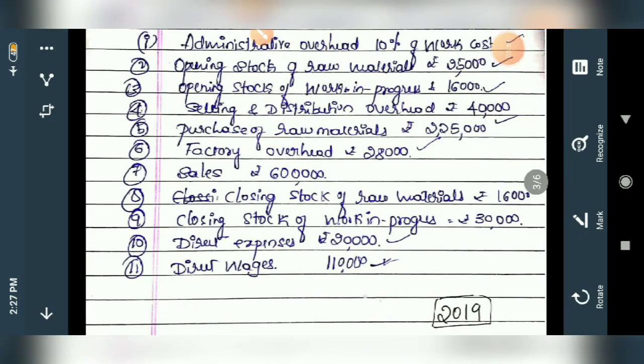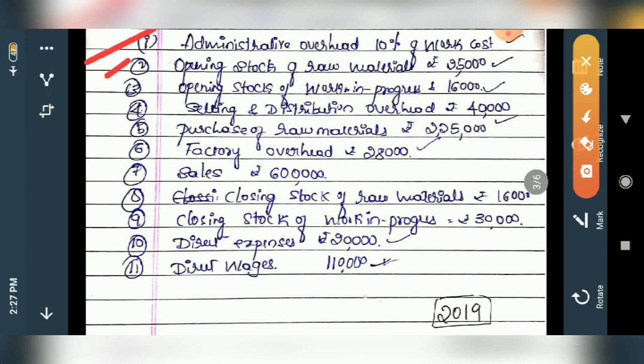So now let us move on to the next problem, that is a question paper problem. This question paper problem is of the year 2019. So here a mix of information will be given. Generally, all the different particular problem heads, the contents of the problem will be given in a mixed manner.